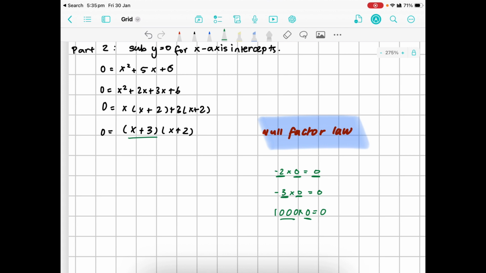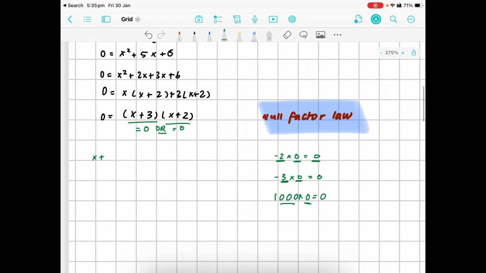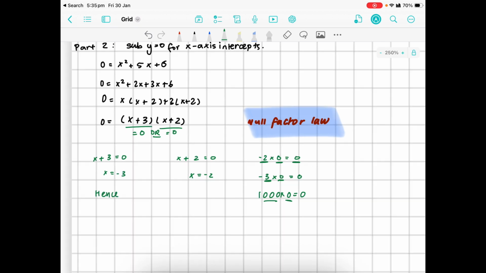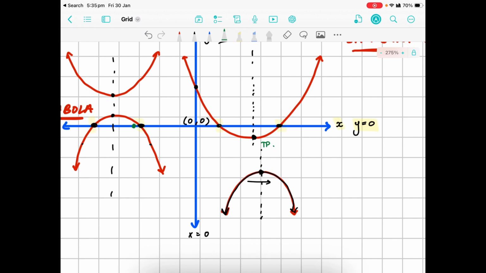That means in this scenario, this could equal 0, or this could equal 0. So let's do x plus 3 is equal to 0 and x plus 2 is equal to 0. Hence, it will cut the x-axis 2 times.